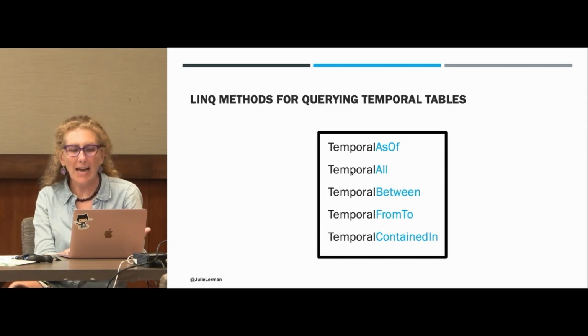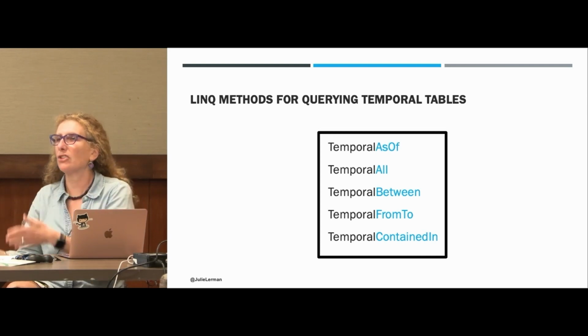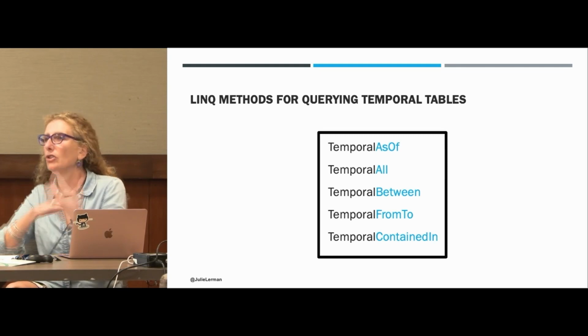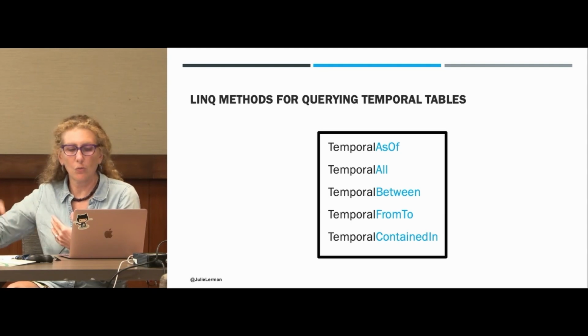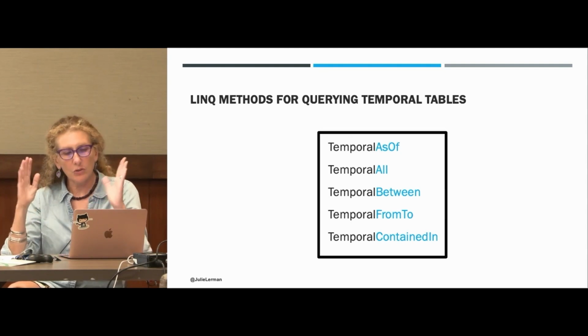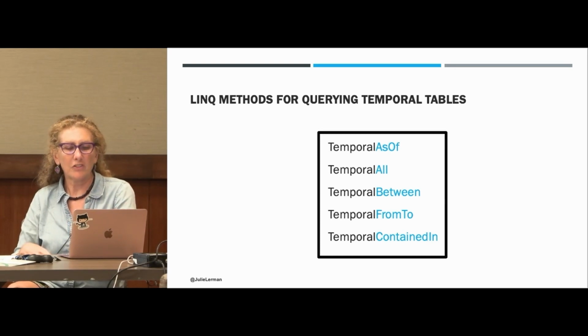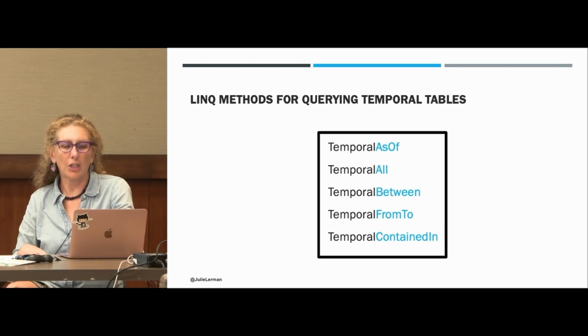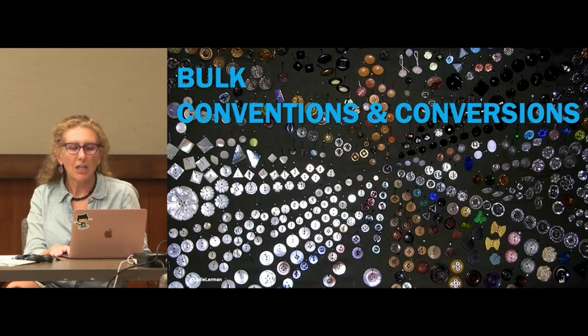So we actually have these methods now in LINQ to query these tables. So you can do the whole flow of it. SQL Server will take care of doing all the updates, but once that's there, you can take advantage of that temporal data when you're doing queries.